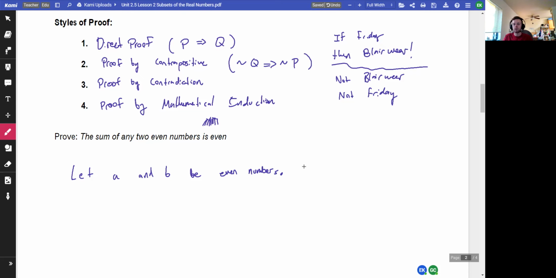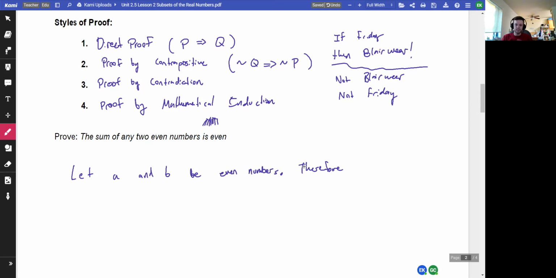Would they be able to follow your logic? If you don't define what A and B are, then the 6th grader is going to be lost. So let A and B be even numbers. What does that mean about A and B? That A and B can both be defined as 2 times some integer. Therefore, we want to use words like therefore, thus, then.